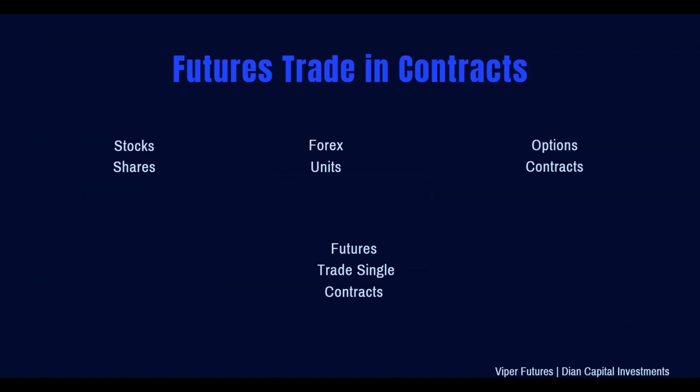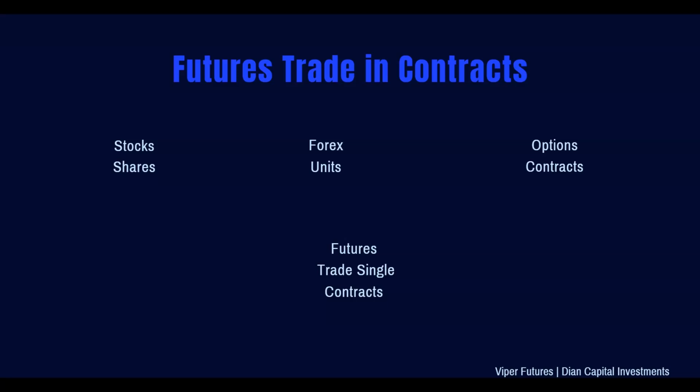So futures trade in contracts, okay? Stocks trade in shares, Forex trades in units. Actually, they break down into what's called pips, but they still are a unit, okay? Options trade in contracts, same as futures, single contracts.